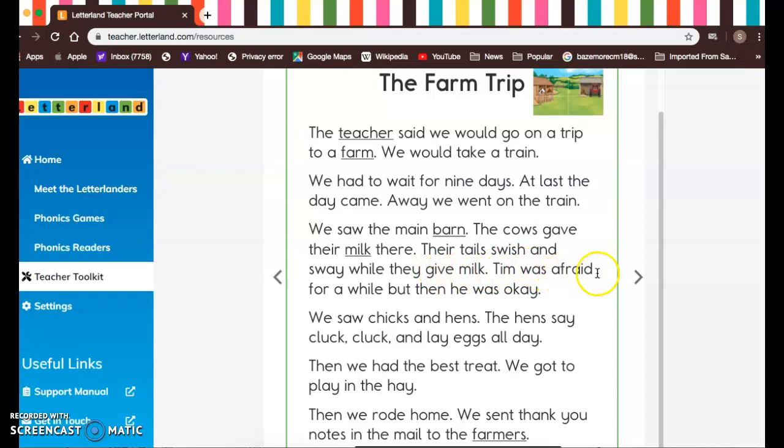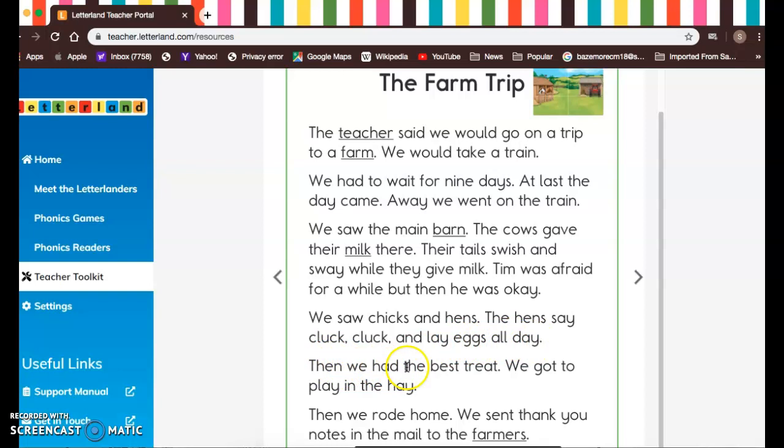Tim was afraid for a while, but then he was okay. We saw chicks and hens. The hens say cluck, cluck, and lay eggs all day.